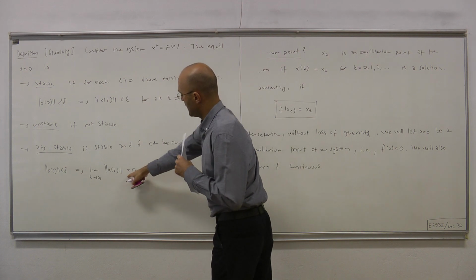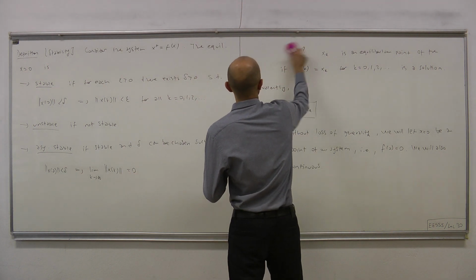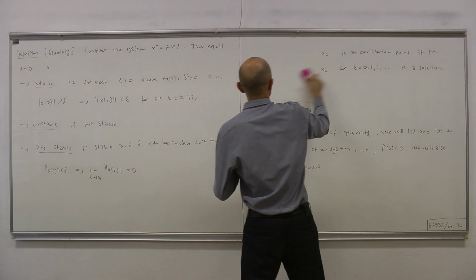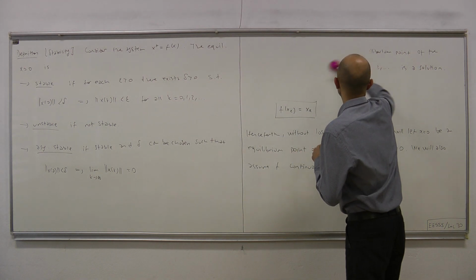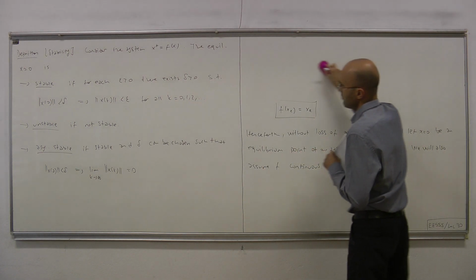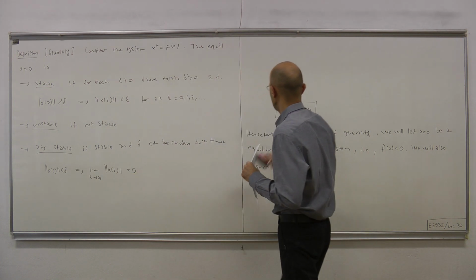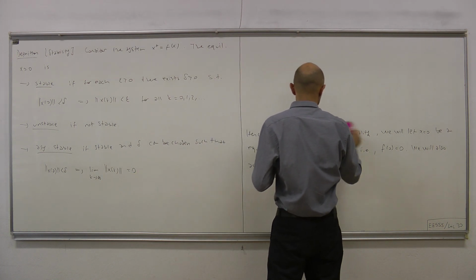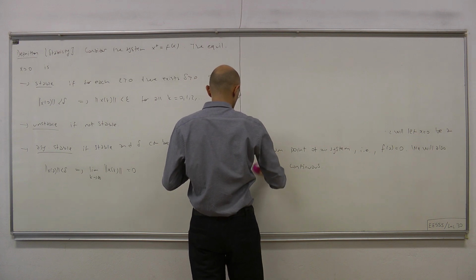And if that's true, regardless of delta, then we have global asymptotic stability of the origin. And furthermore, if this convergence is exponential, then we have exponential stability, and so on.